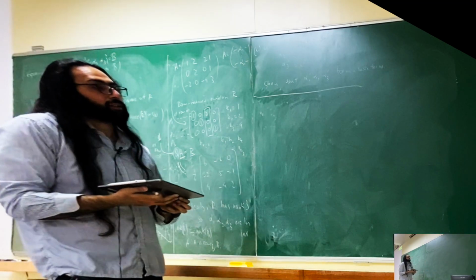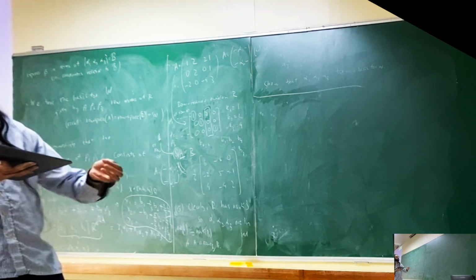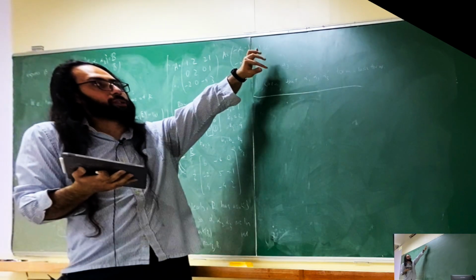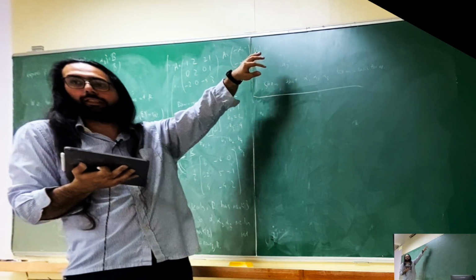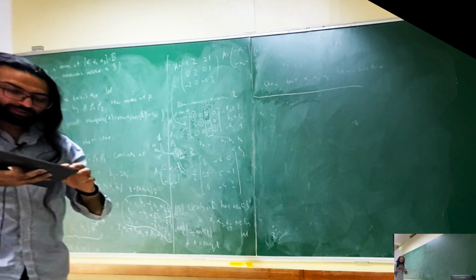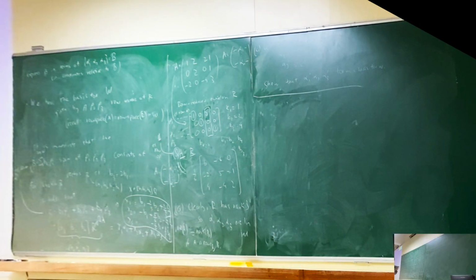So what is it saying? It's asking a similar question, but now giving you a different set of vectors and asking whether they form a basis for W or not. So how can you check it?